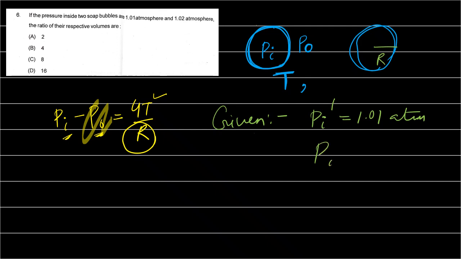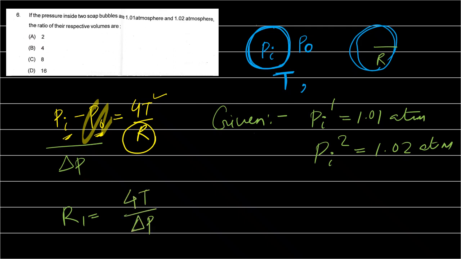P inside of the second bubble is 1.02 atm. Suppose this is delta P. So R1 is 4T by delta P1. Similarly, R2 is 4T by delta P2.